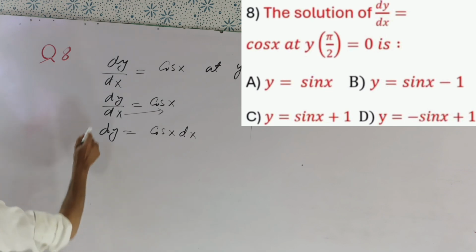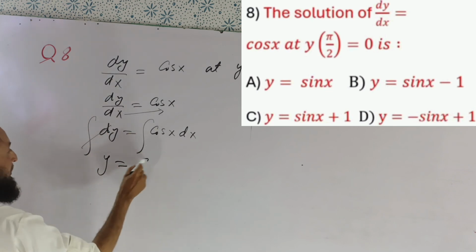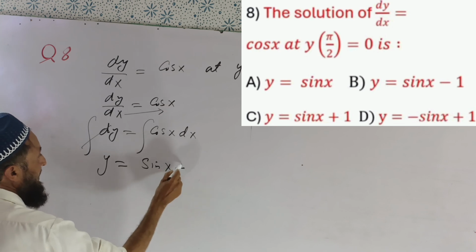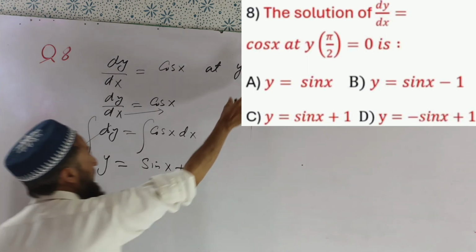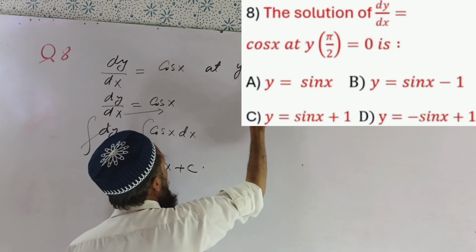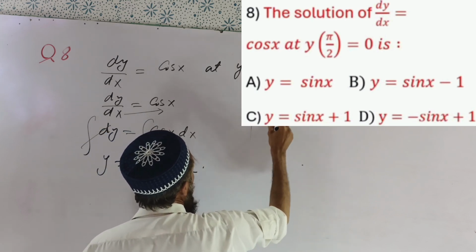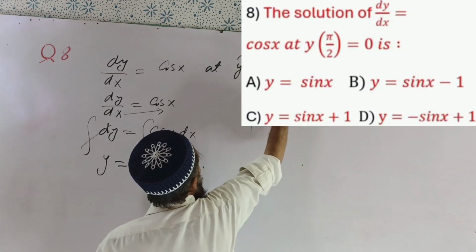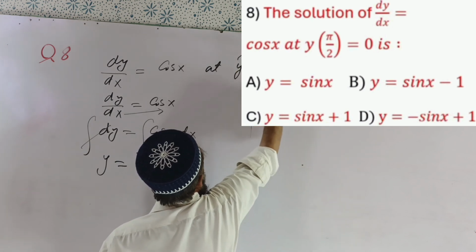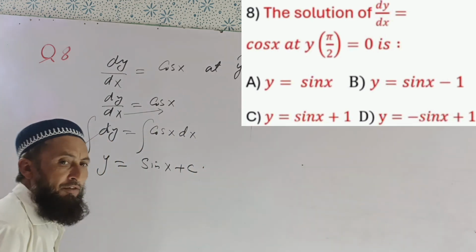Apply integration on both sides. So we get y is equal to sin x plus c. For the initial value problem, we substitute: x is the input value and y is called the output value, as we have already defined for the function.